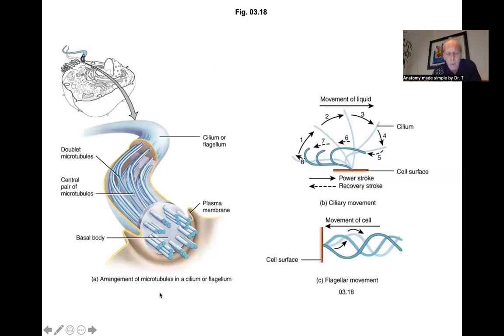A similar arrangement of proteins in a set of three, creating some form of microtubule, is going to be found not necessarily within the centrosome, but rather within part of the cell called the cilium or flagellum.